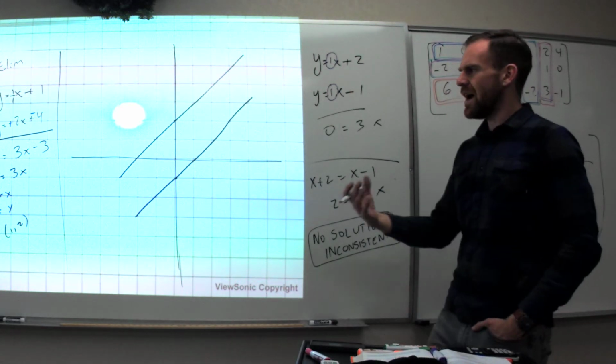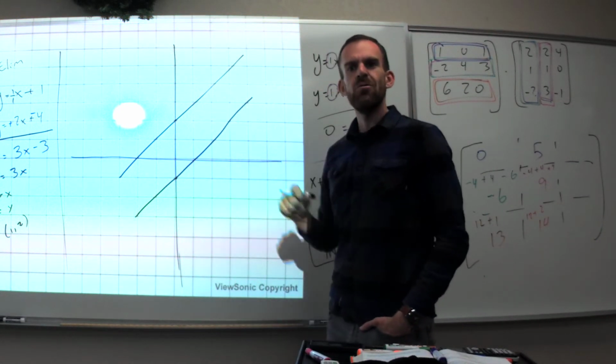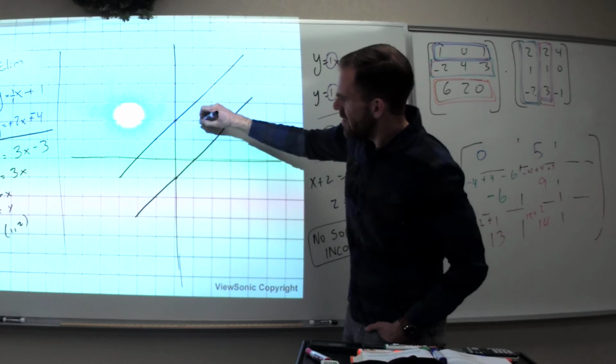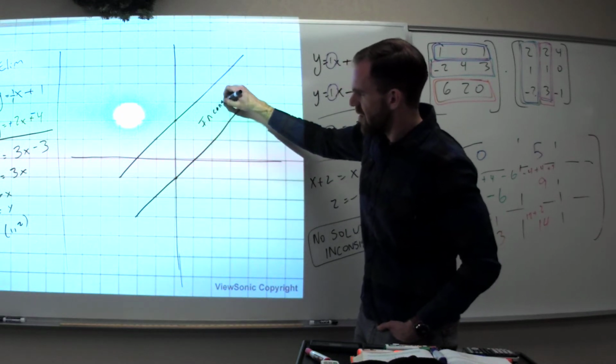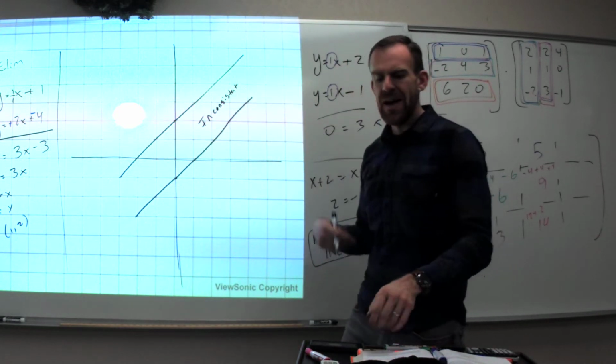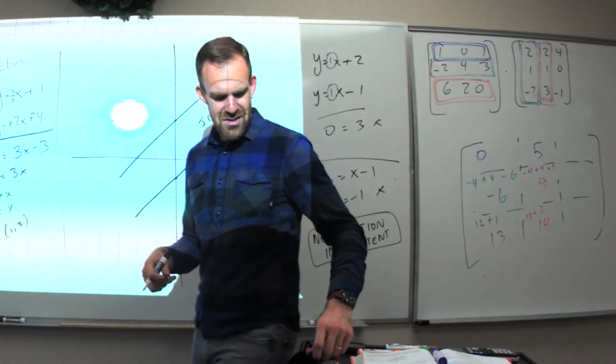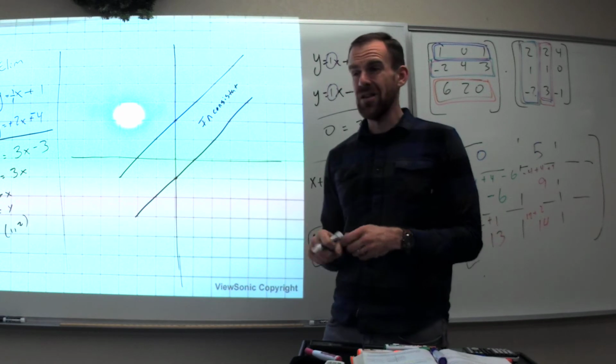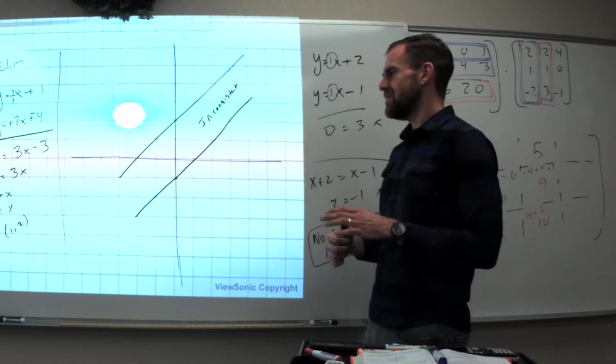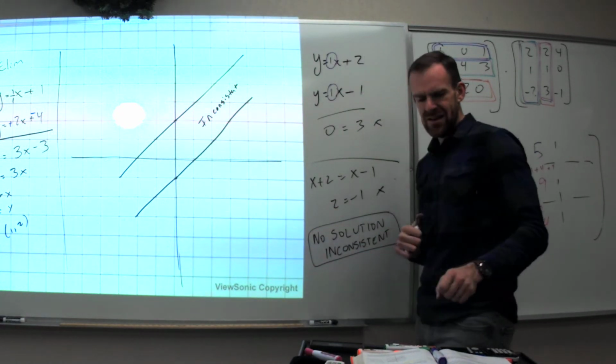If the two lines are parallel, they will never cross, and they are inconsistent. So if I give you a system of two equations and two variables, and it says solve by graphing, and you find out that they're parallel, then your answer should be that they are inconsistent.